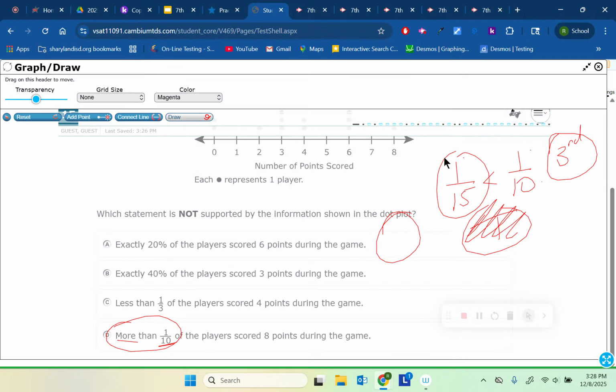I had 1 out of my 15 kids scored that 8 points. So is 1/15 greater than 1/10? So if I go this way, this is a 10. This way, this is a false statement. So more than 1/10 got 8 points. No, less than 1/10 got 8 points. Oh, I started to trick myself on that one.